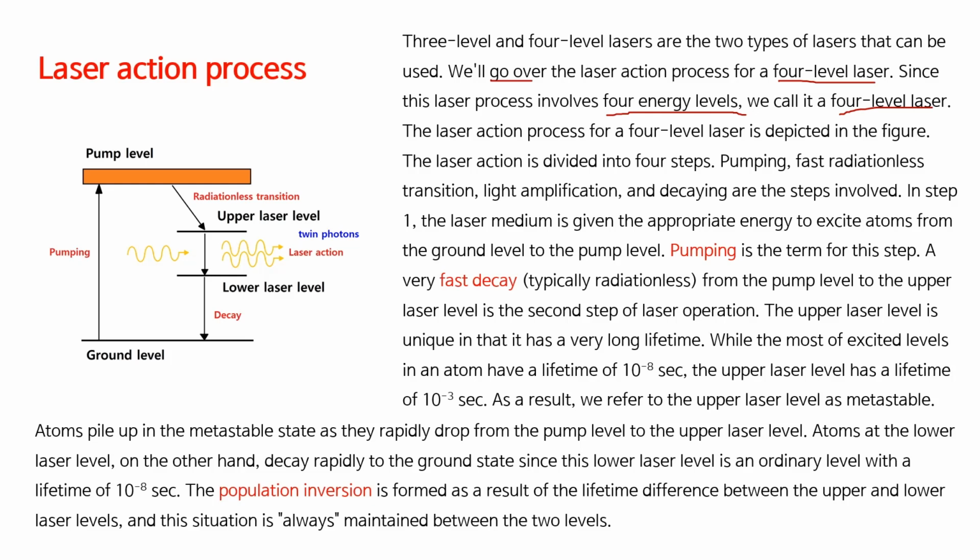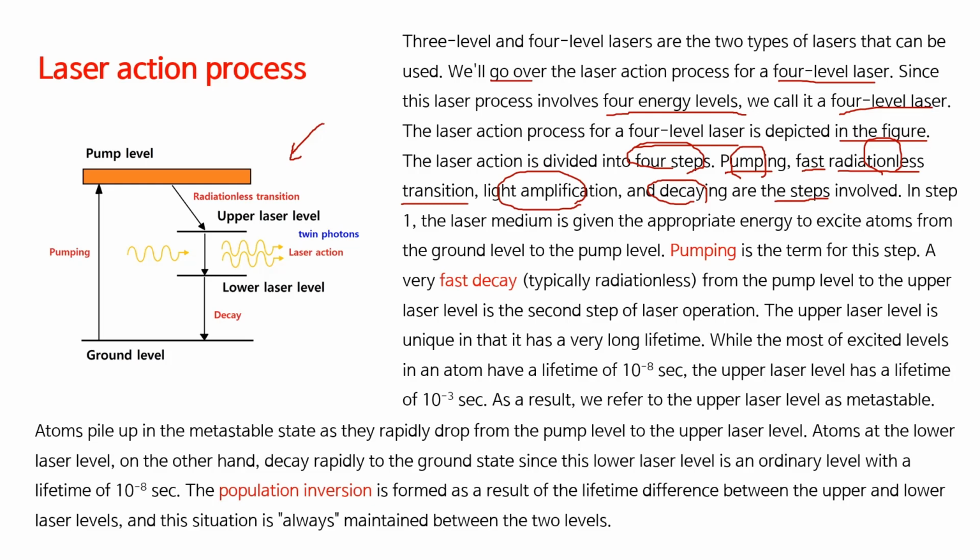The laser action process for a 4-level laser is depicted in this figure. The laser action is divided into 4 steps: pumping, fast radiation-less transition, light amplification, and decaying are the steps involved.